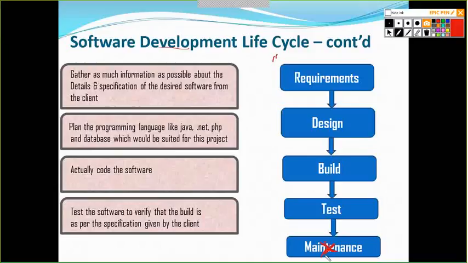So when someone asks you what is the software test life cycle, you will say we will start with requirement gathering, where we will gather as much information as possible about the functionality that we are going to test. And then once the requirement gathering phase is completed, we will start with a test strategy and test plan.